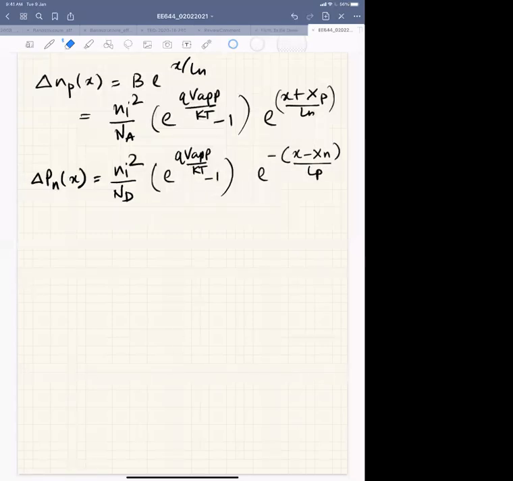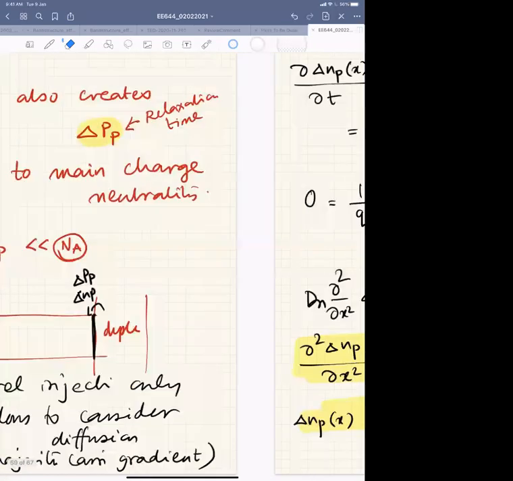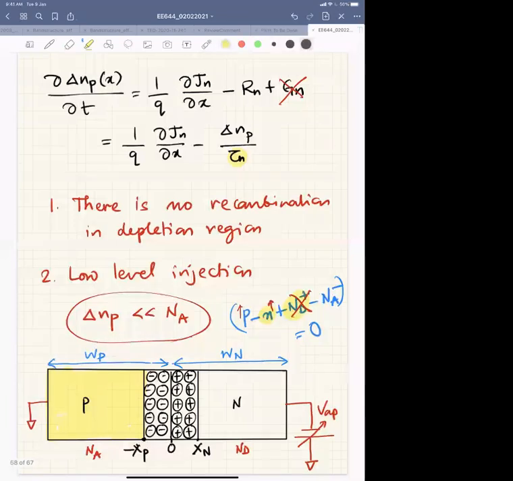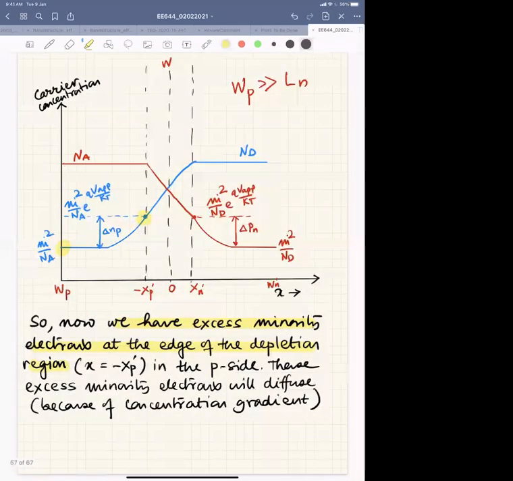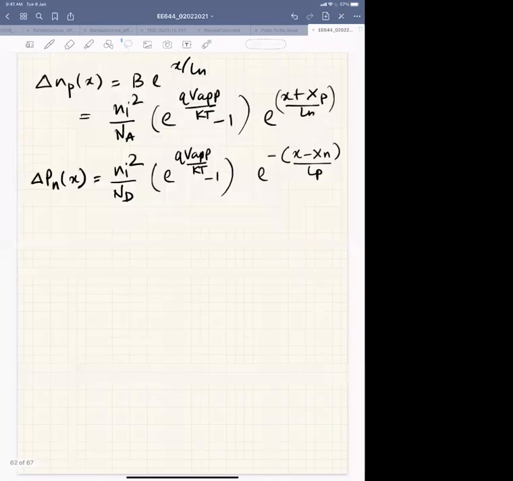So basically now I have found out delta np(x) and delta pn(x). This is nothing but what we had drawn here, right? This is how your excess minority carriers vary.